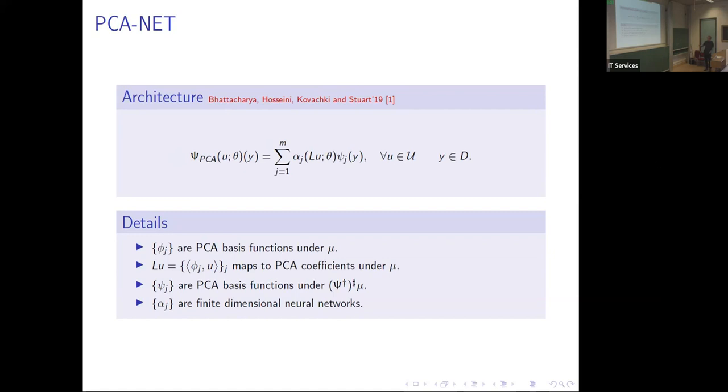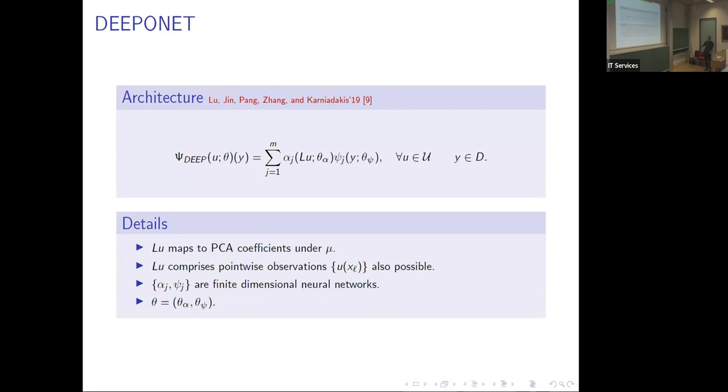So this is a function that takes inputs u and creates an output function in the span of psi j's, which are given by the EOF on the output space. What's called DeepONet does something similar, but tries to learn the representation on the output space from the data rather than prescribe it through principal components analysis.